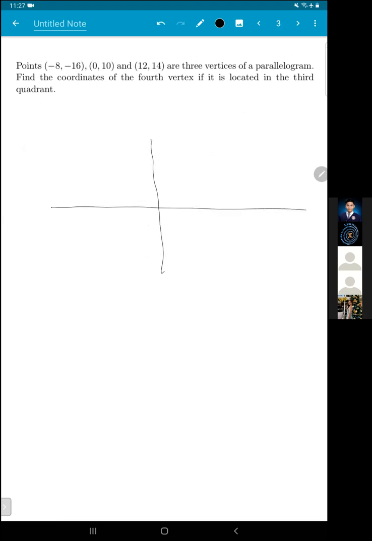So -8, -16. Natin dito. 0, 10. And 12, 14.